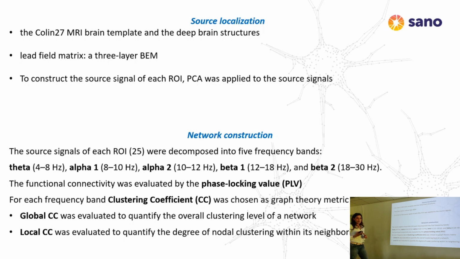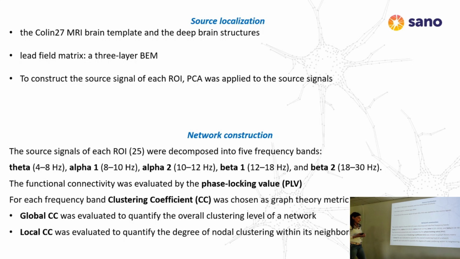Because EEG is a direct measure of neural synchronization, and because oscillation promotes neural communication and regulates it, by improving it if oscillations are in phase, or inhibiting it if out of phase. And for each frequency band, a clustering coefficient was chosen as a graph theory metric.